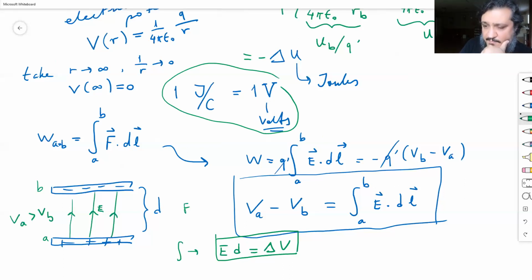From F equals QE, you had the unit as newtons per coulomb. So 1 volt is equal to 1 newton per coulomb times meters.